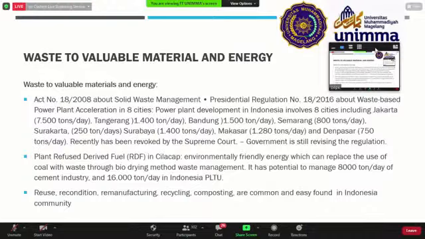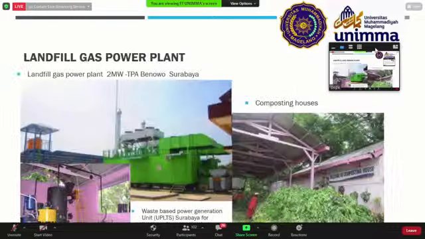So we just need to send them to workshop, and they are available there in Indonesia. That's actually very interesting. And then this is some example.